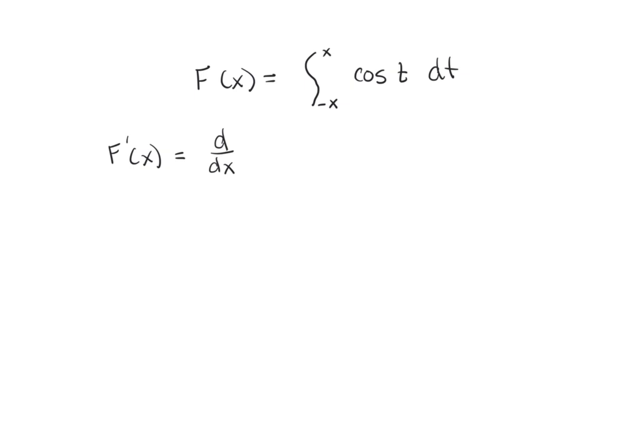Okay, let's practice that method one more time, and then we'll be done with this video. If I have f of x equal to the integral from negative x to x of cosine t, can we take the derivative of that? So d over dx, take the derivative of this integral.